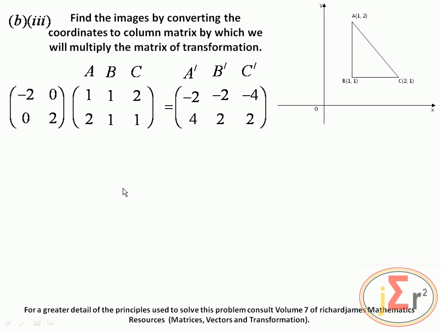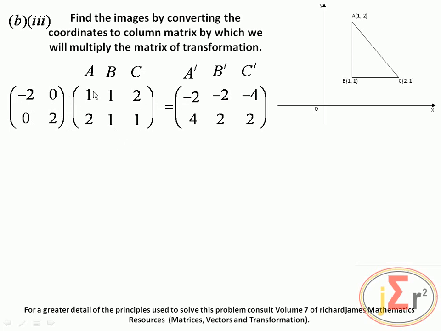We'll find the image by finding the image of A first and then finding the others. So we'll find the x-ordinate of A. So we say negative 2 times 1 plus 0 times 2, and that will be negative 2. Then we say 0 times 1 and 2 times 2 is 4. So we have negative 2, 4.